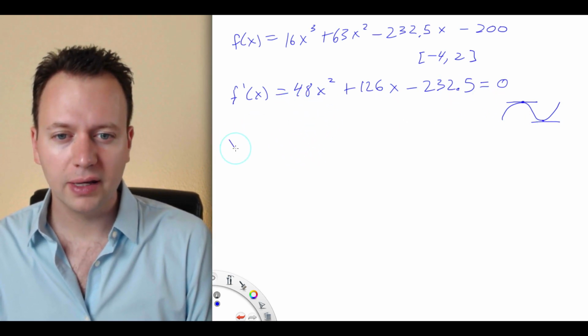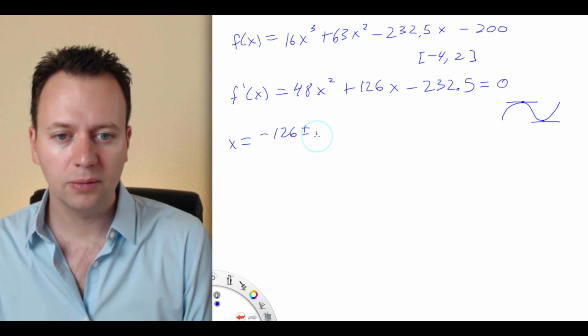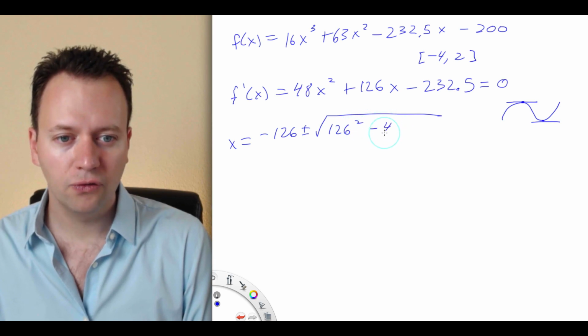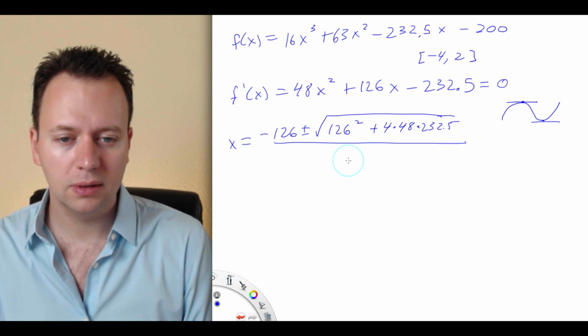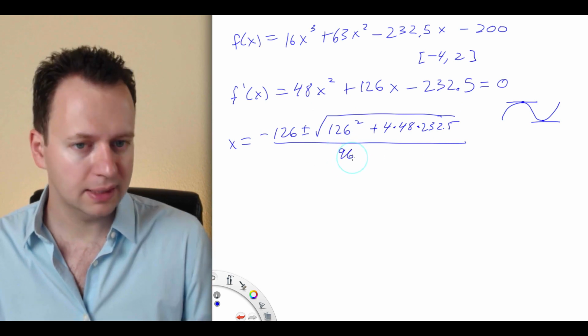So we can solve this using the quadratic formula: minus 126 plus or minus the square root of 126 squared minus 4 times 48 times negative 232.5, all divided by 2 times 48, which is 96.